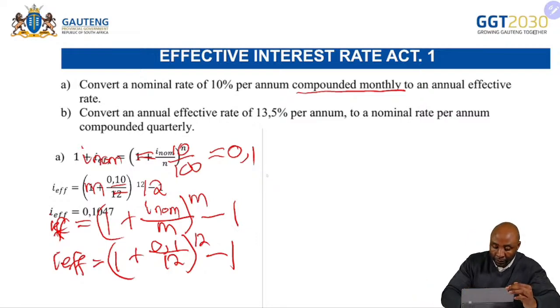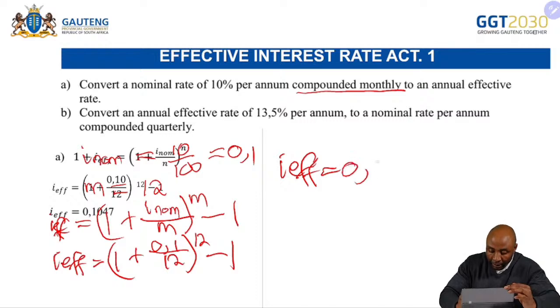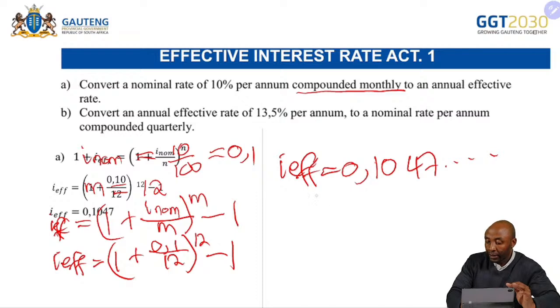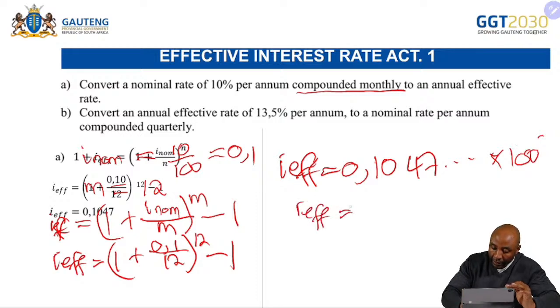So we got our solution as I effective is equal to 0.1047. That's our effective interest rate. To convert to a rate, we multiply this by 100, and this will give us the effective rate as 10.47%.